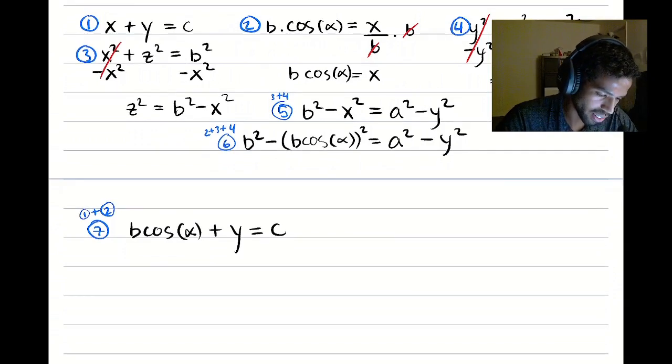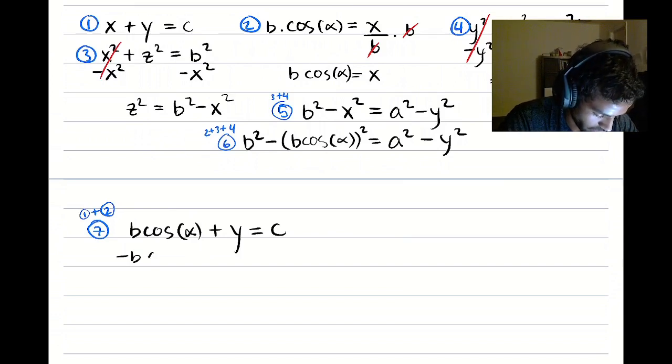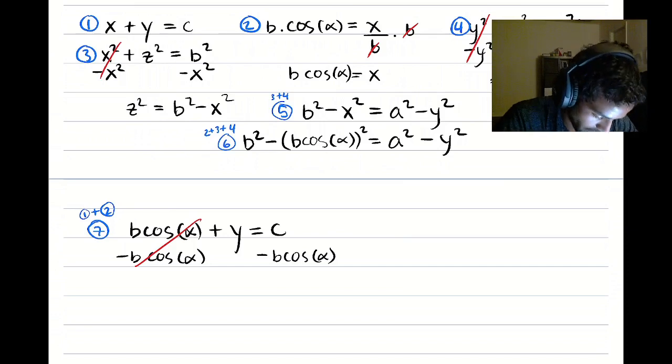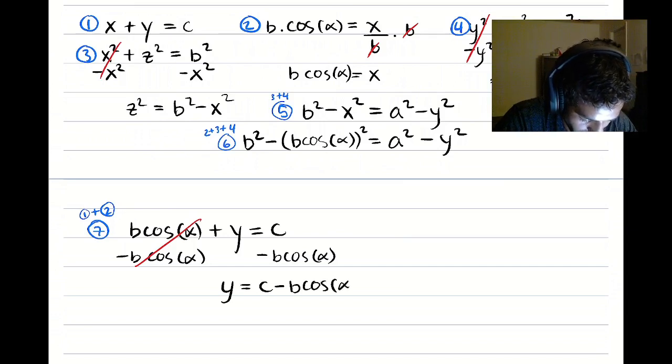And now I'm going to isolate y. So minus b cosine of alpha, minus b cosine of alpha. So this cancels out. And now I have y is equal to c minus b cosine of alpha.